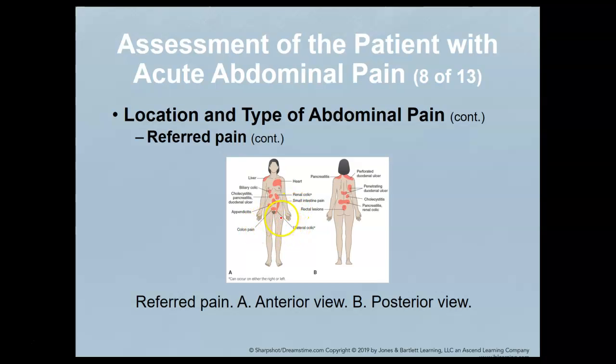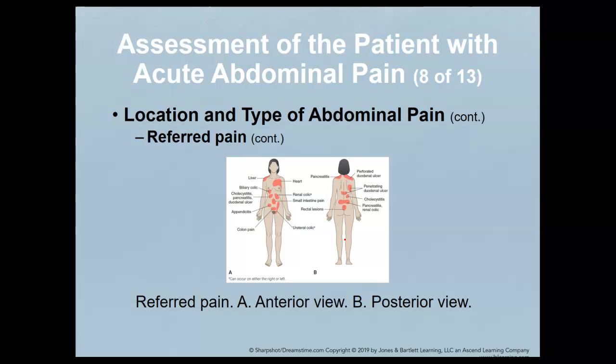Pancreatitis in the back, ulcers in the back, and these are both upper back and neck areas. Pancreatitis in the small of the back, and you would think kidneys there, right? Renal colic, obviously there, and rectal lesions will be right above the sacrum. So there's a lot going on there, and I know that's hard to look at and remember, but you do kind of have to throw that in the back of your mind because it is a good diagnostic indicator.